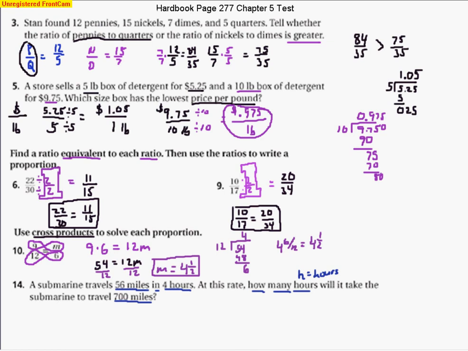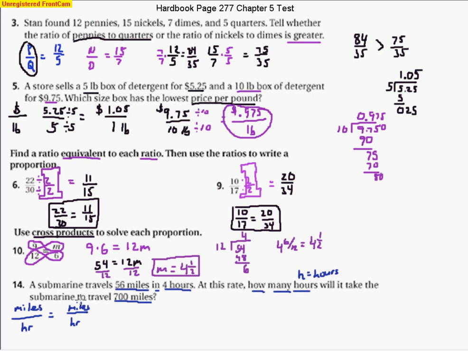So we're going to go ahead and write a proportion this way. Miles per hour, where per is that fraction bar, equals miles per hour. So when we are setting up proportions, we typically use the same units in the same location. It's not required.